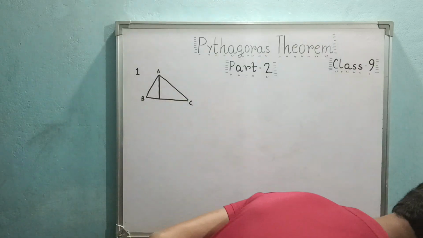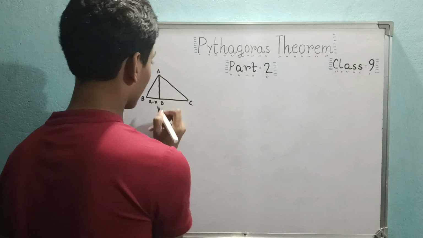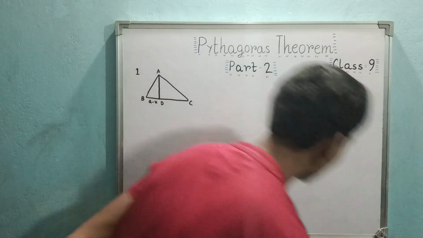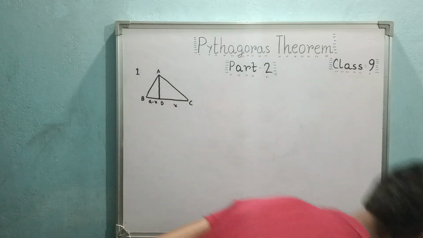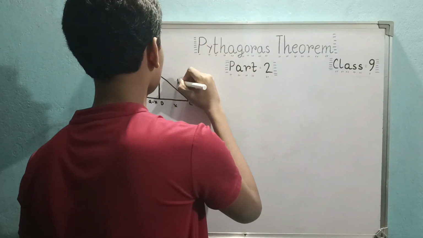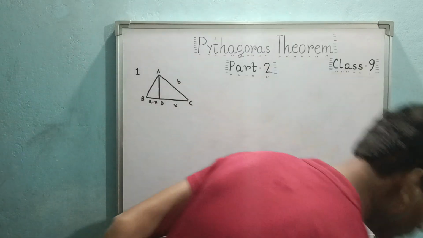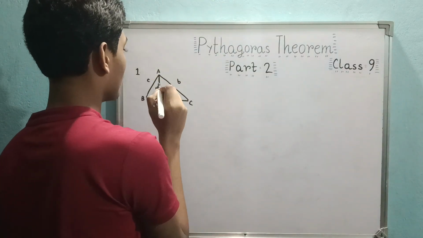This is D. BD's length is A minus X. DC's length is X. AC's length is B. AB's length is C. And AD's length is H.